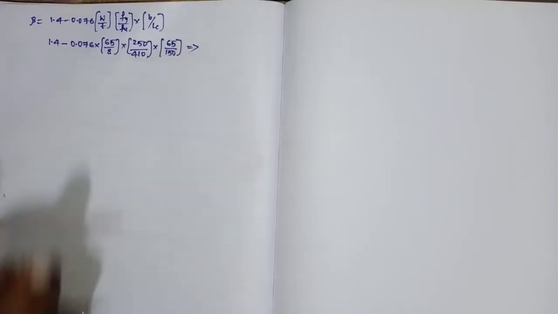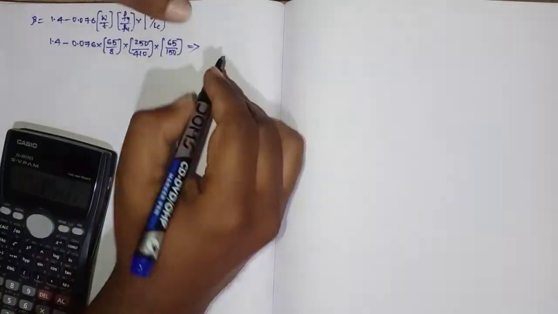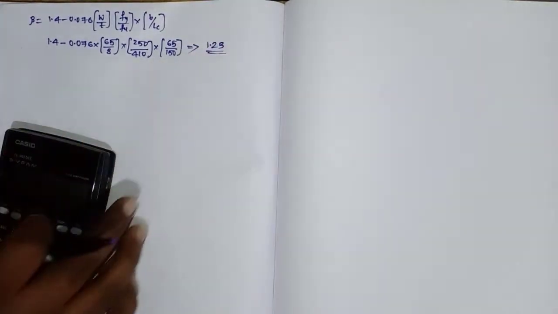If I solve this one, 65 by 150 into 250 by 410 into 65 by 8, so you are getting how much? 1.23. But whether this value is within the limits or not, you have to check.